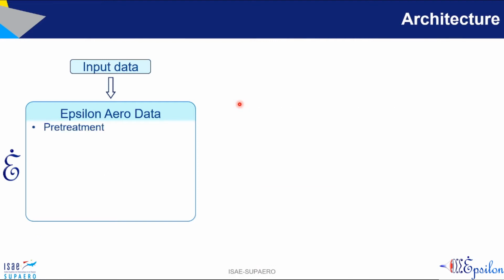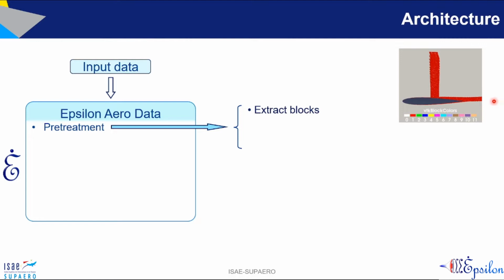The first step to deal with that is a pre-treatment procedure. Basically, the first step is to extract blocks. As I mentioned before, in the case of grid adaptation, for example, we have at least two blocks. One gray block that's the background domain, the entire domain basically. And ParaView, when it loads an adapted grid, creates an extra block on the refined region.